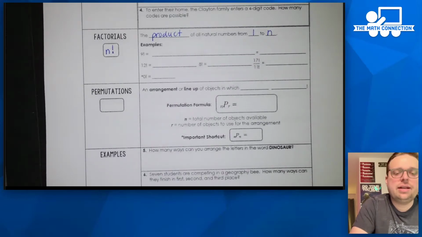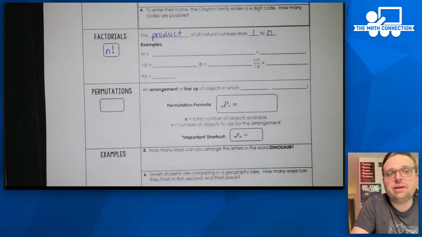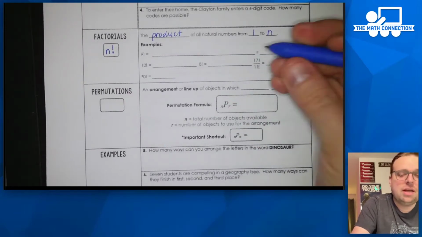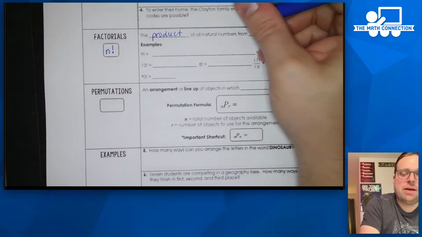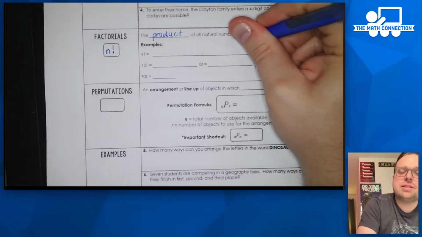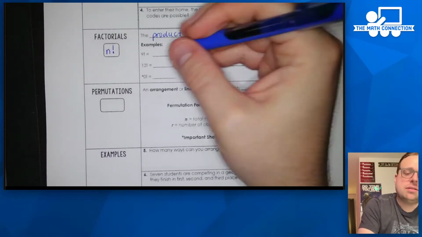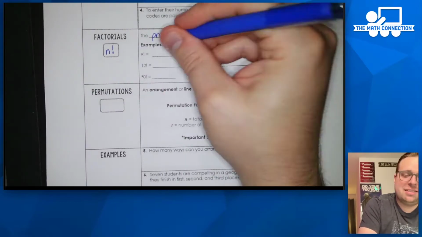So let's say that you had an example like the first one, which is 9 factorial. So you don't say 9 exclamation point, you say 9 factorial. What this is that you take, actually you go from 9 and you count down. Actually, I have this reversed. So this is actually n to 1. So you start at n, which in this case is 9.